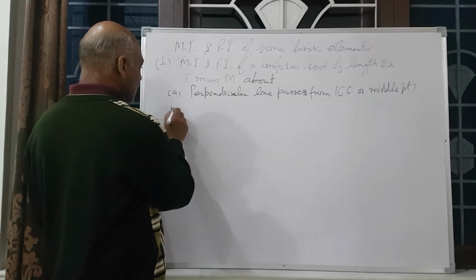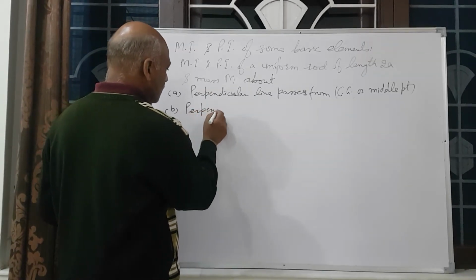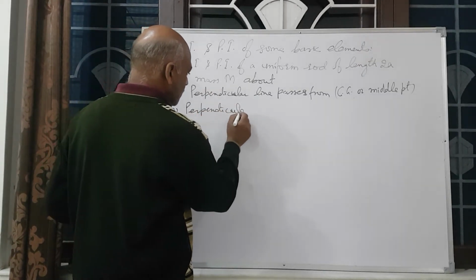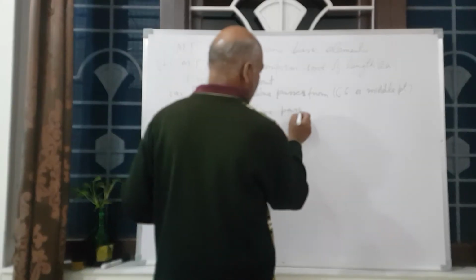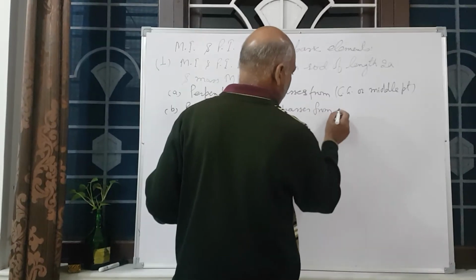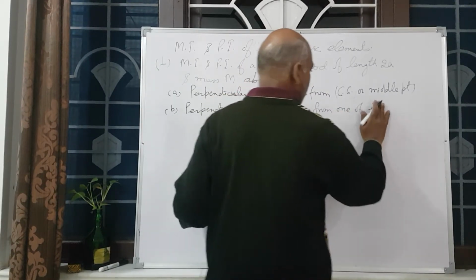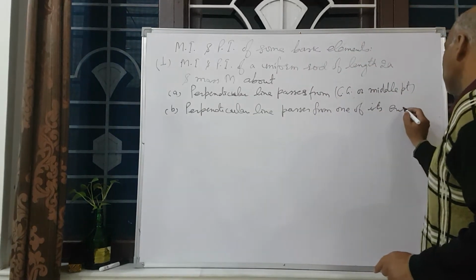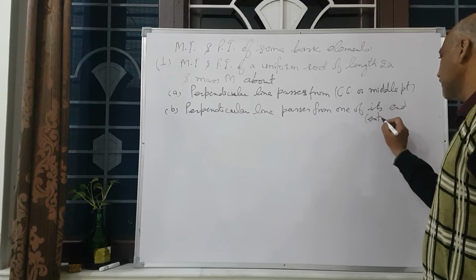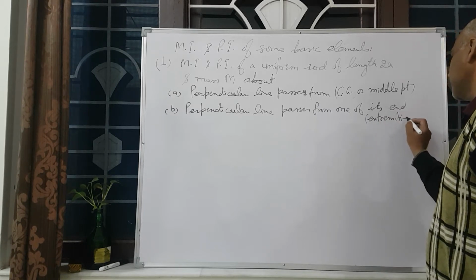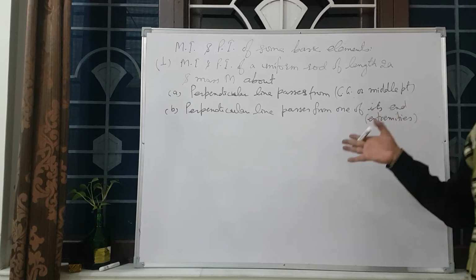And B is about a perpendicular line which passes through one of its ends or extremities, perpendicular to its length.